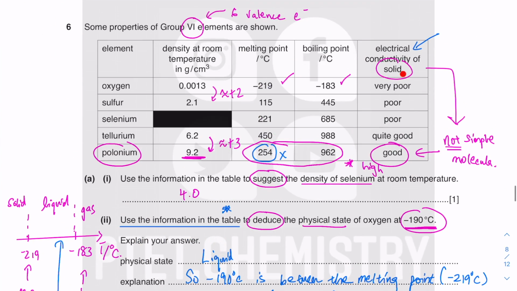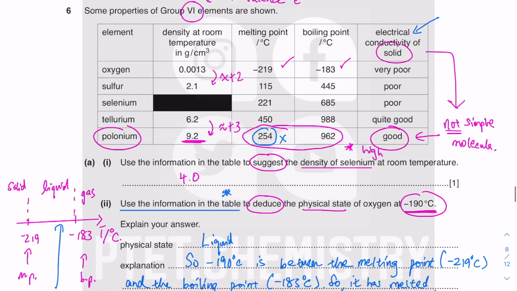So the nonmetals do not conduct electricity, such as oxygen, but going down the group, the electrical conductivity increases, becoming very good in the solid state because it's no longer simple molecular. Coupled with a high melting and boiling point, coupled with a high density, this represents most likely polonium is a metal. It has a giant metallic structure.